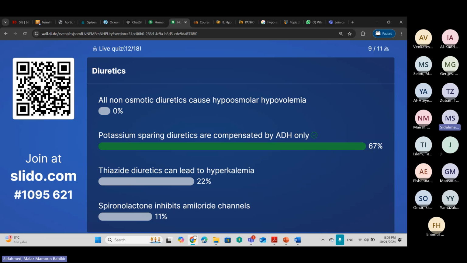Exactly, hypokalemia. And spironolactone, which is a potassium-sparing diuretic, inhibits the ENaC channels or the amiloride-sensitive channels. Yeah, I think that's how you pronounce them. But no, spironolactone is an aldosterone antagonist. There are other potassium-sparing diuretics that directly inhibit the channels, but spironolactone is an aldosterone antagonist itself.